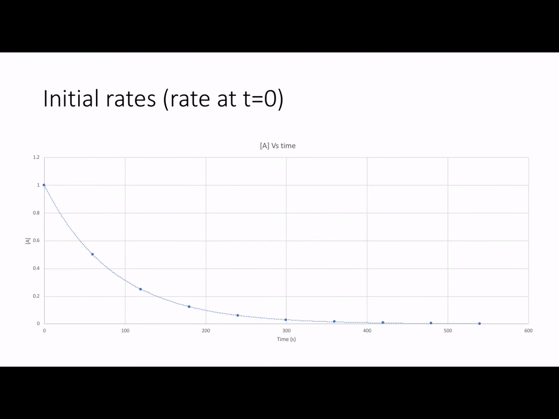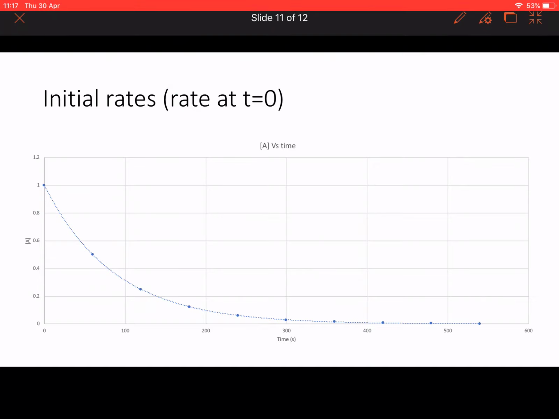Okay. There is another way that we can do this. One of the things that we're most interested in is the initial rate of reaction rather than the rate of reaction over the entirety of it. And the initial rate of reaction is just the rate at time equals 0. Okay? Hopefully you remember how to work out the rate at a particular time.